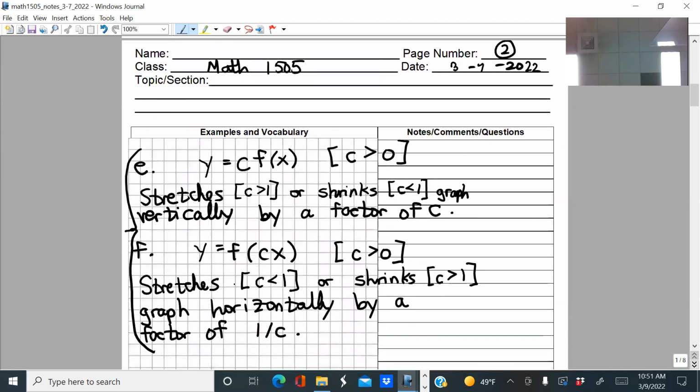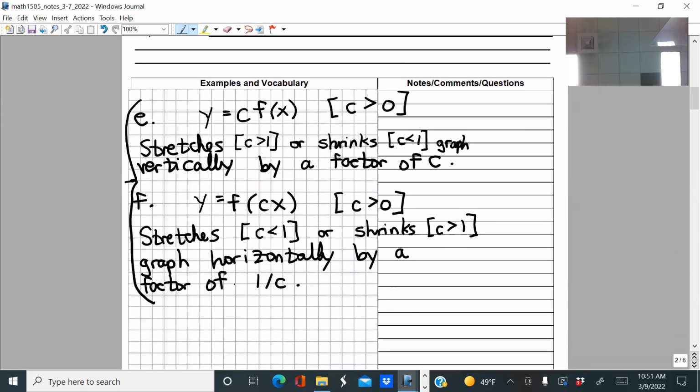Here's the third big category, and this is called a stretch. We've shifted the graph up and down, left and right. We've rotated the graph. The other thing we can do with the graph is stretch it. If you've got a curve, you can think of pulling it apart like an accordion, or you can think of squeezing it in.